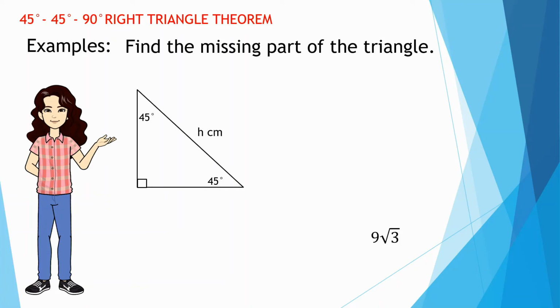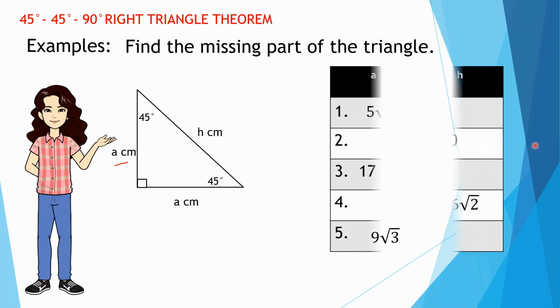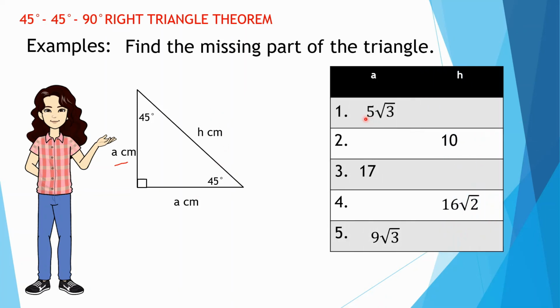Okay, in this part, let us answer this. Find the missing part of the triangle. So suppose a is for the leg, and this is the hypotenuse. Okay, number 1, your leg is 5 square root of 3.